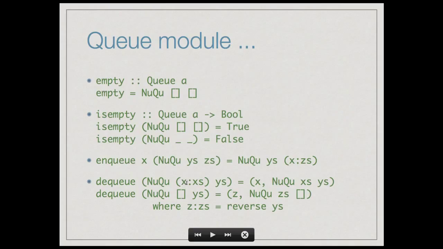Recall that in a dequeue we remove the element from the head of the first list, and if the first list is empty, then we reverse the second list into the first list and extract the first element. So dequeue of new Q empty list Y's equals Z, comma, new Q of Z's and empty list, where Z colon Z's is reverse of Y's.